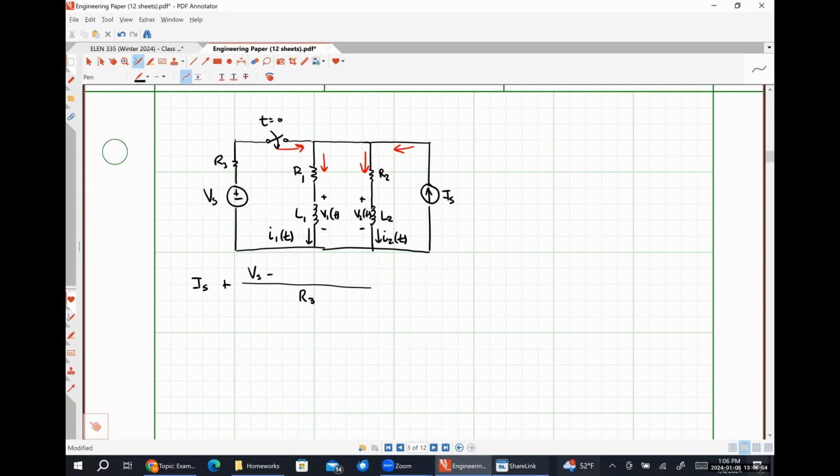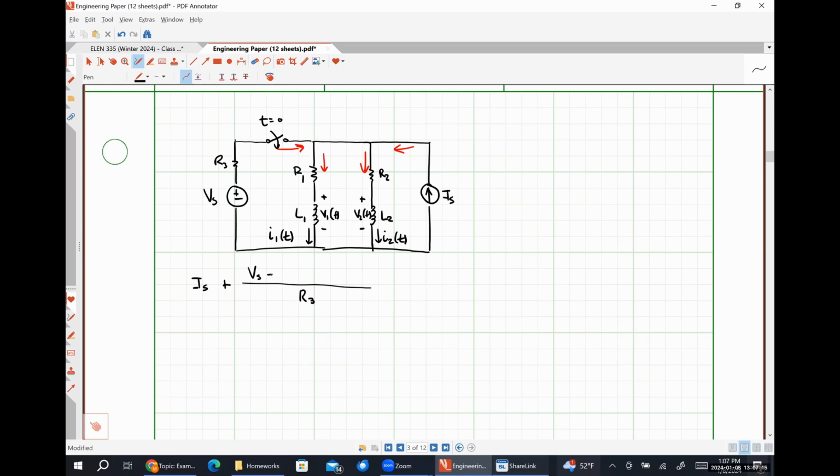I can choose to express the voltage on the right-hand side of the resistor R3 as the voltage drop across the resistor R1 in series with the voltage drop across the inductor L1, or the voltage drop across the resistor R2 in series with the voltage drop across the inductor L2.